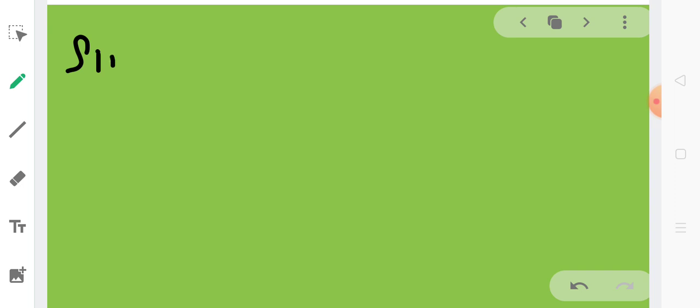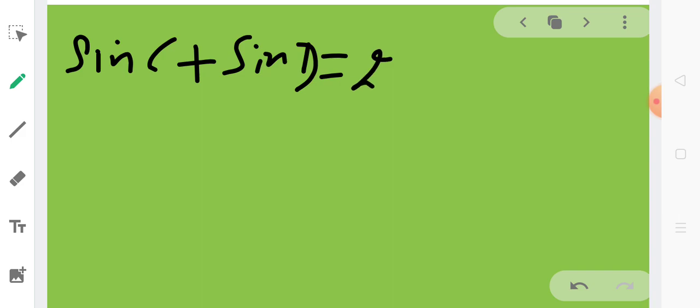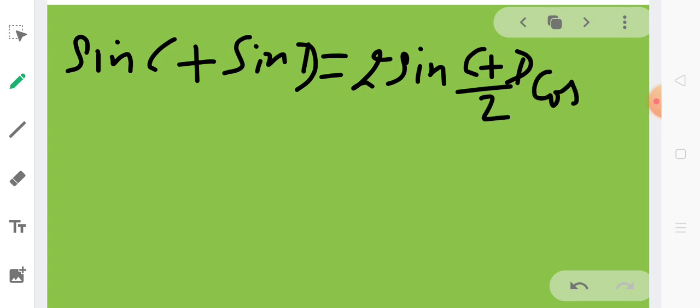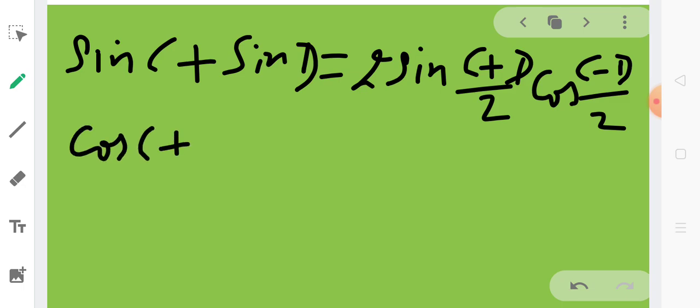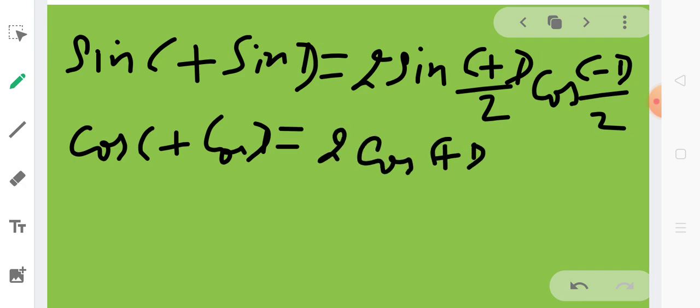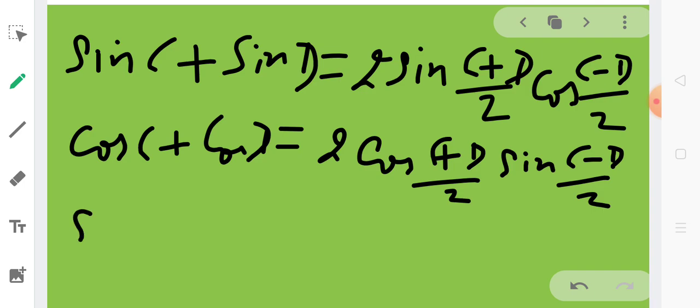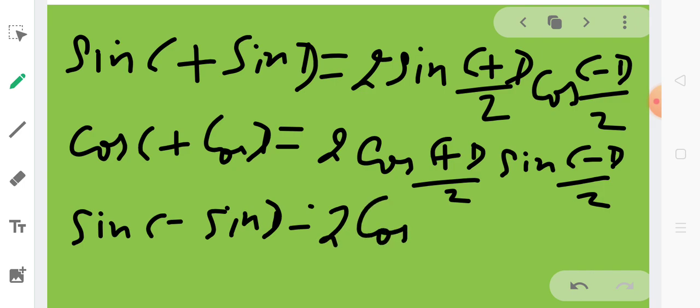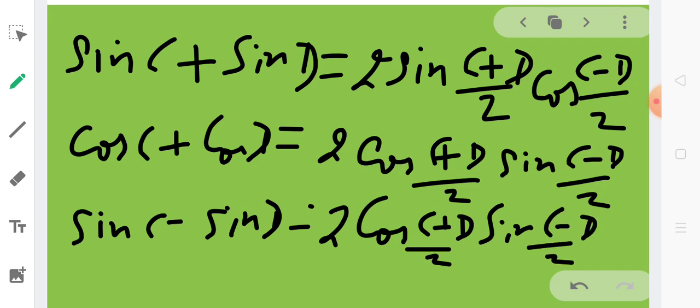You will get sin c plus sin d equal to 2 times sin of c plus d by 2 and cos of c minus d by 2. Cos c plus cos d will be equal to 2 times cos of c plus d by 2 cos of c minus d by 2. Sin c minus sin d will be equal to 2 times cos of c plus d by 2 sin of c minus d by 2.